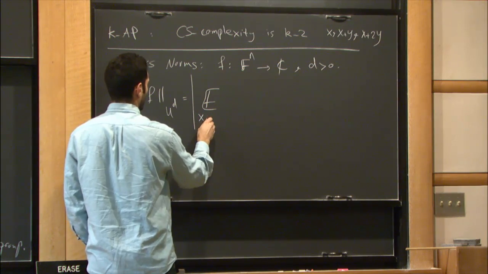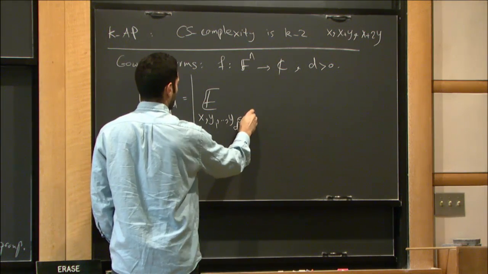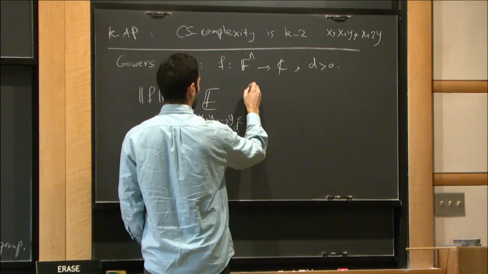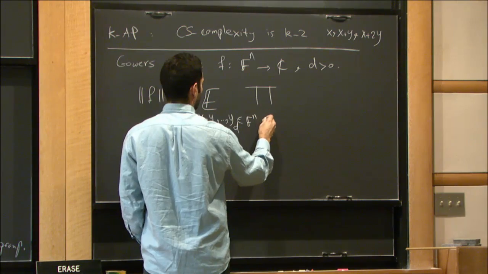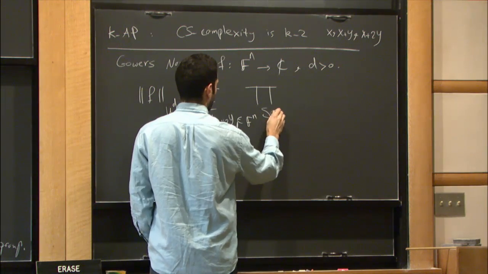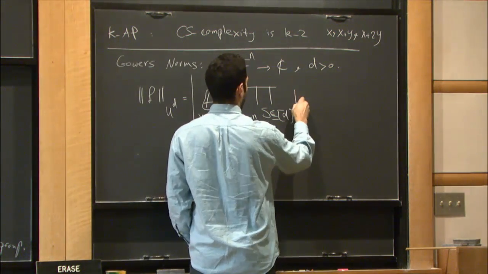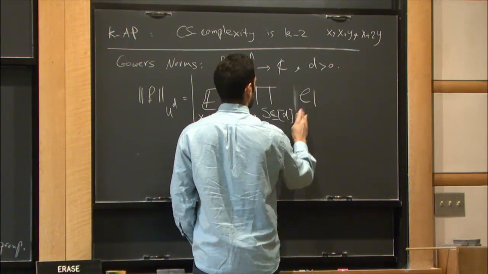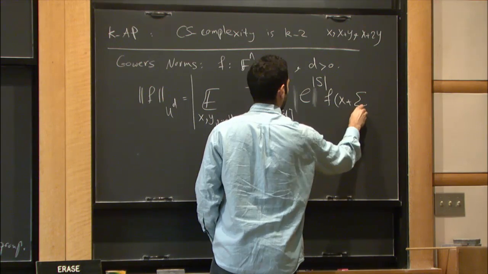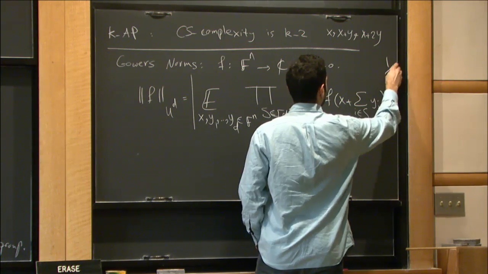We pick x, y1 up to yd, which are vectors from F to the n, and we look at the product over all subsets S of [d] of f of x plus the sum of yi for i in S, with conjugation applied |S| times, and then the whole thing to the power 1 over 2 to the d.